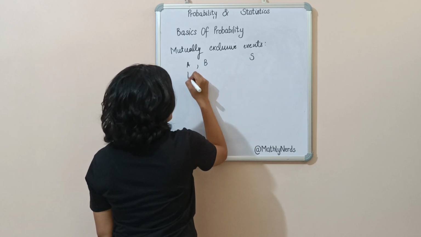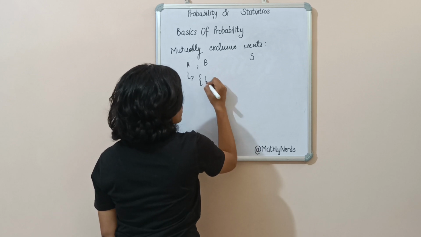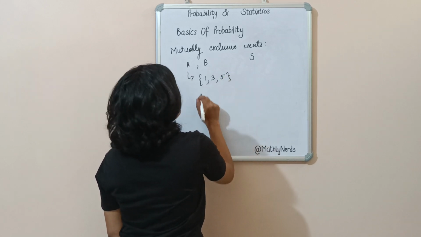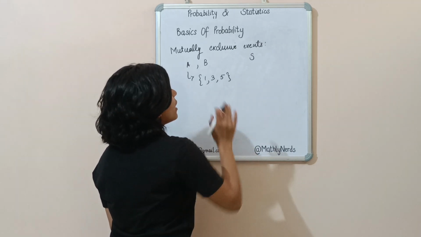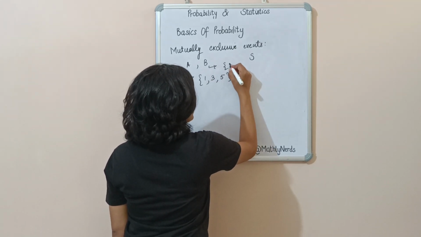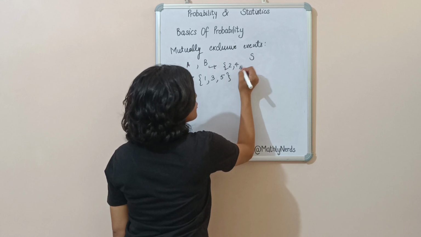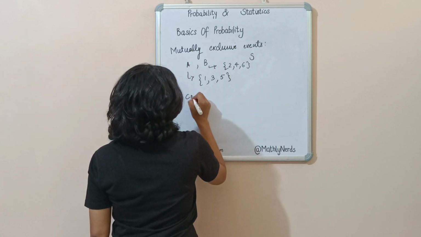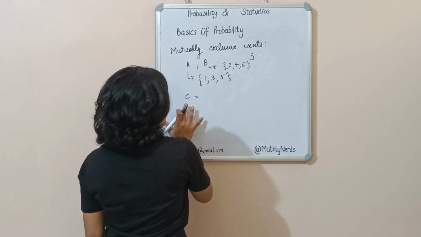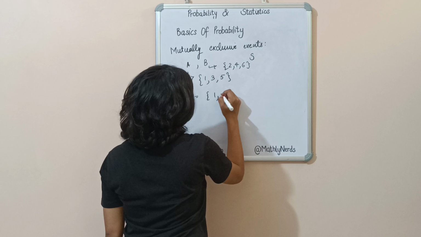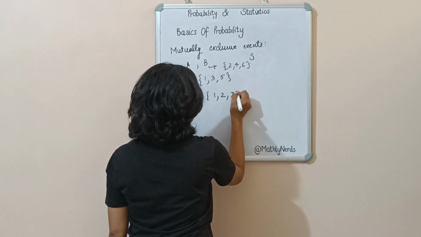For example, my A is getting an odd number, so it will contain 1, 3, 5, and B is getting an even number when I roll a die, so its outcomes will be 2, 4, 6. And let's take one more event C, which is getting a number from 1, 2 and 3.